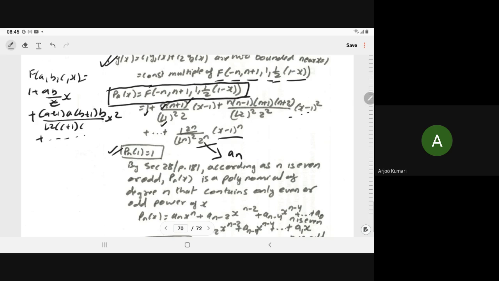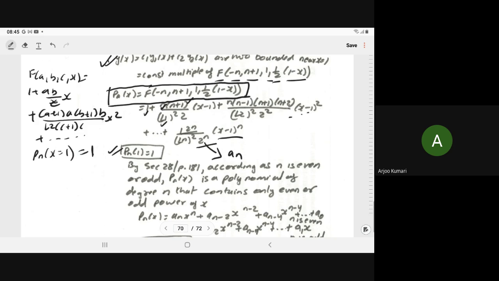That means we are computing Pn for x equal to 1, and everything vanishes except the first term. That is one more formula; later on we will use all these formulas. Pn(1) = 1.